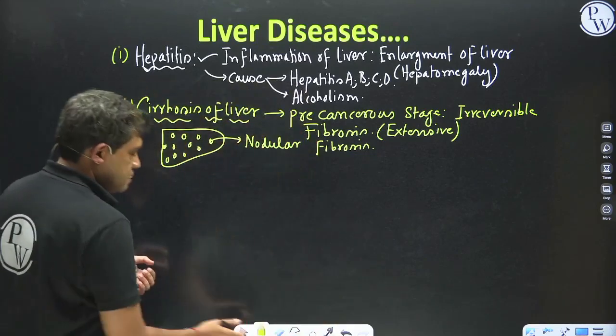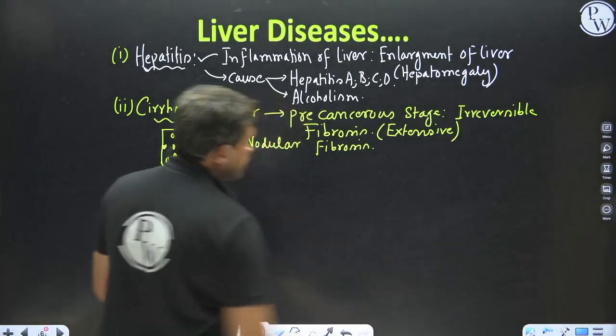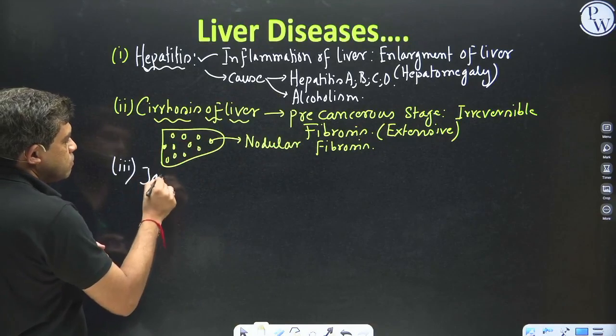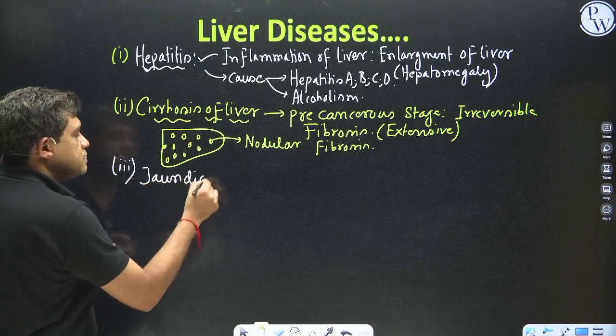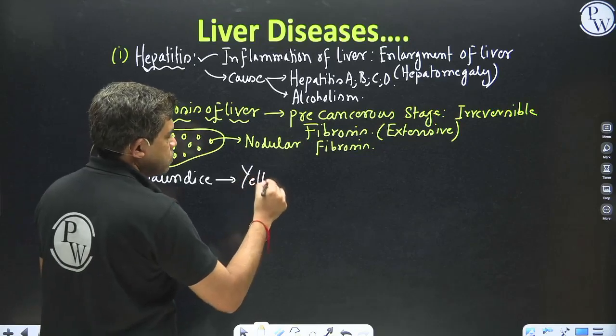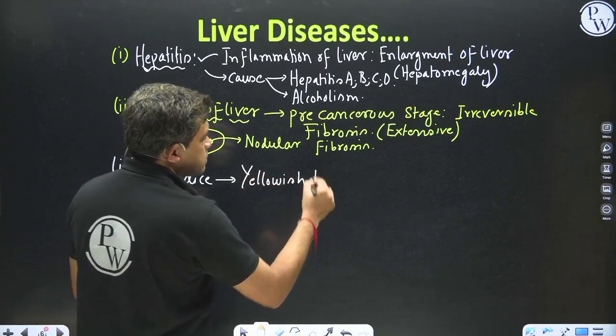Another thing that is generally asked in NEET UG is, what do you mean by jaundice? Jaundice means a yellowish discoloration.